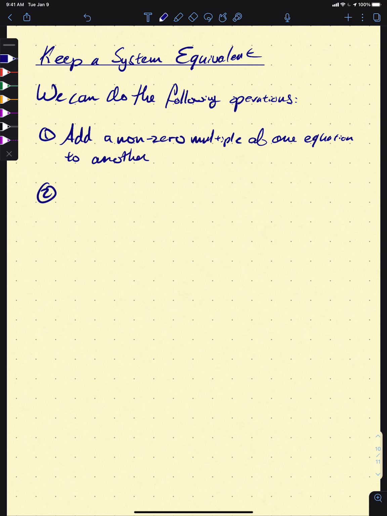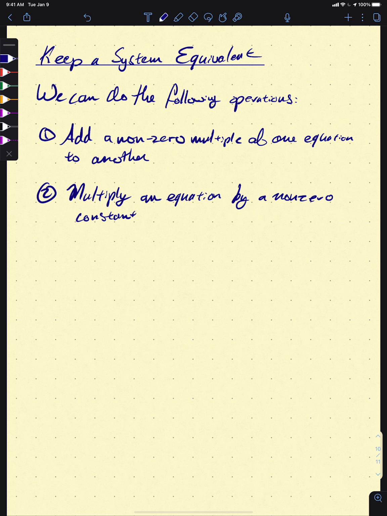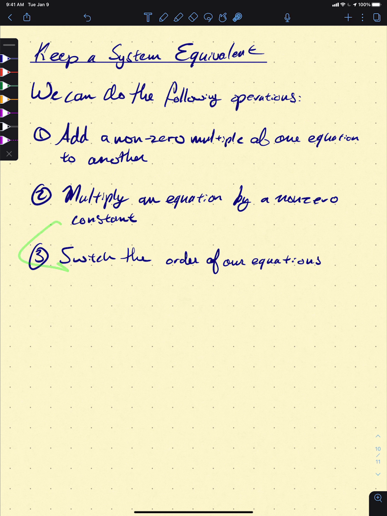We can multiply an equation by a non-zero constant, and we can interchange the positions, or switch the order, of our equations.